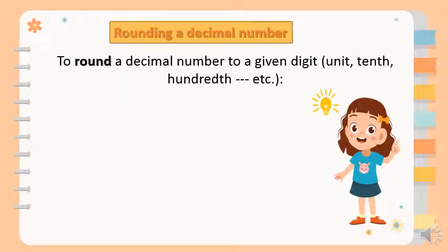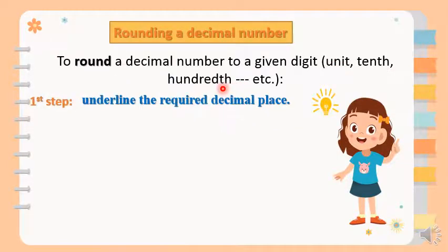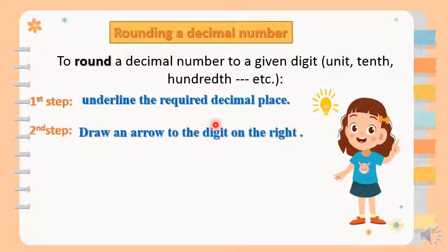After knowing what is the meaning of rounding numbers, now let's learn how to round decimal numbers. To round a decimal number to a given digit, just like unit, tenth, hundred, and etc., we have to follow these steps. First step, underline the required digit. 2.